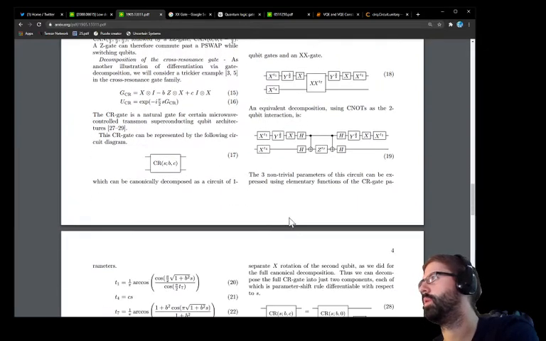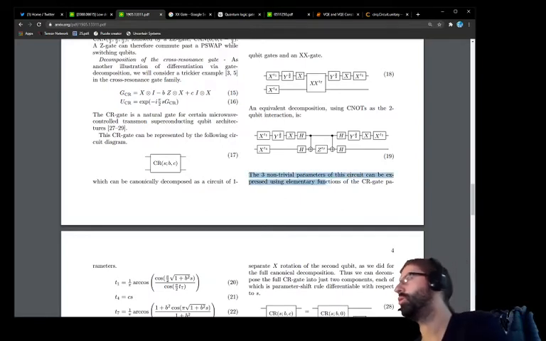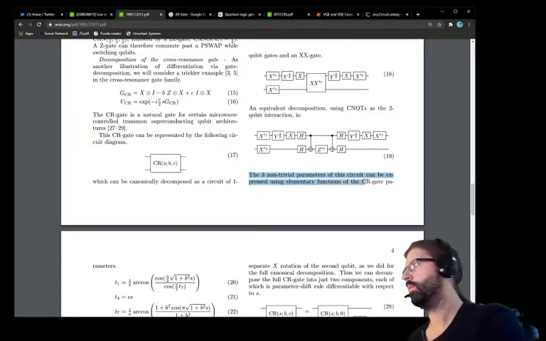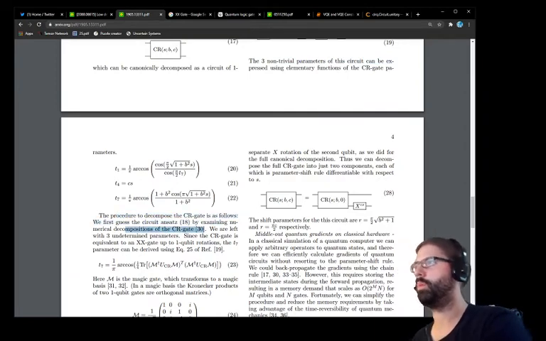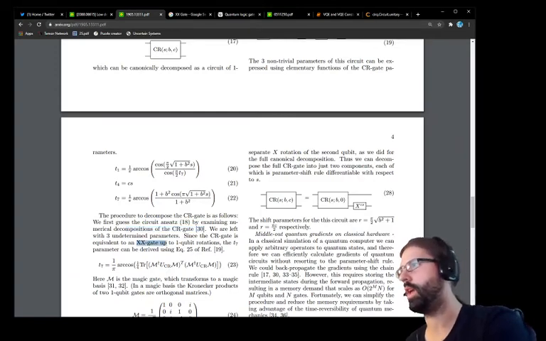The three non-trivial parameters of this circuit can be expressed using elementary functions of the CR gate. The procedure to decompose the CR gate is as follows. First, the circuit enters a numerical decomposition of the CR gate. We're left with three undetermined parameters since the CR gate is equivalent to an XX gate.